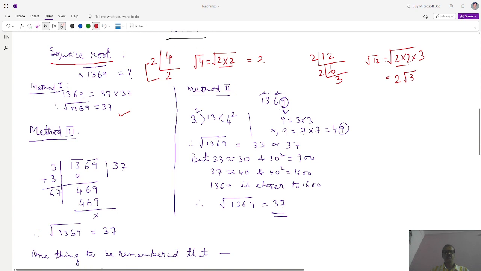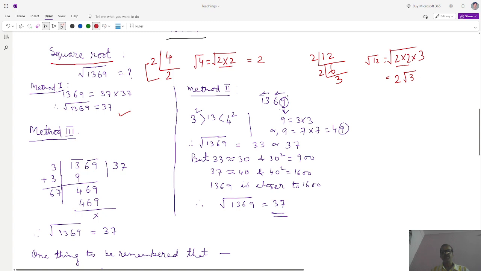Already we all know method 1. Method 2 is a time-saving method. If we apply this method, then we will find the square root value more quickly. How is the method? I am explaining here. We have to find the square root of 1369.